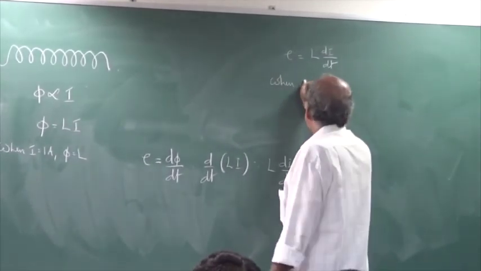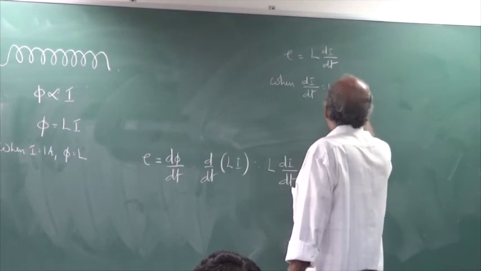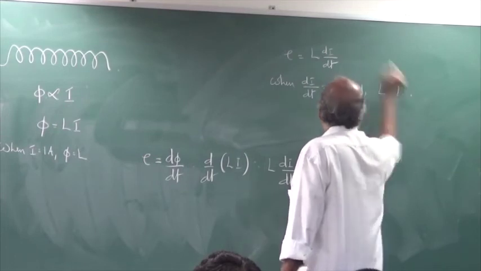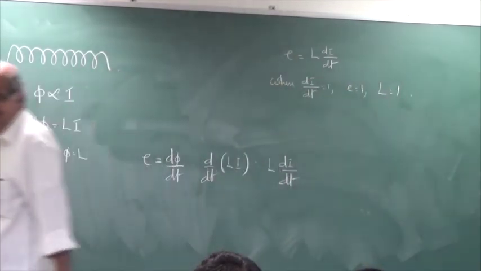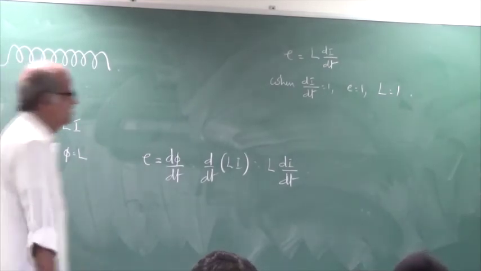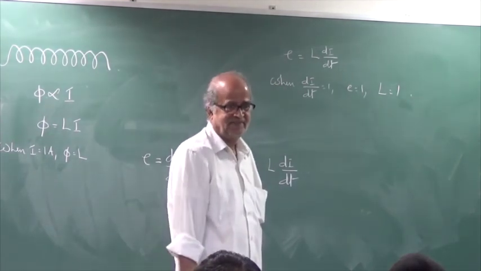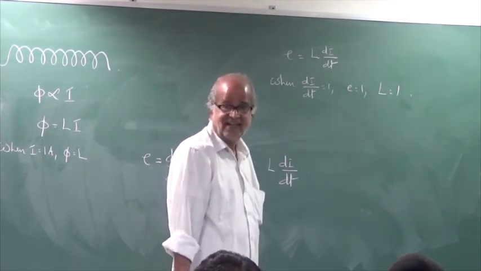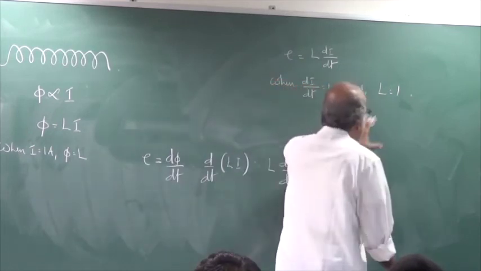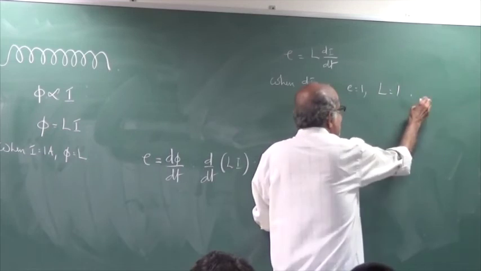When di by dt equal to 1, E equal to 1, L equal to 1. The SI unit of self-inductance is, you must be knowing its name, Henry. The SI unit of self-inductance is Henry.